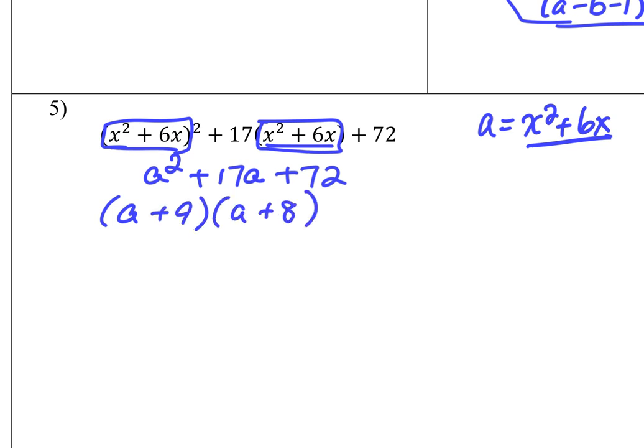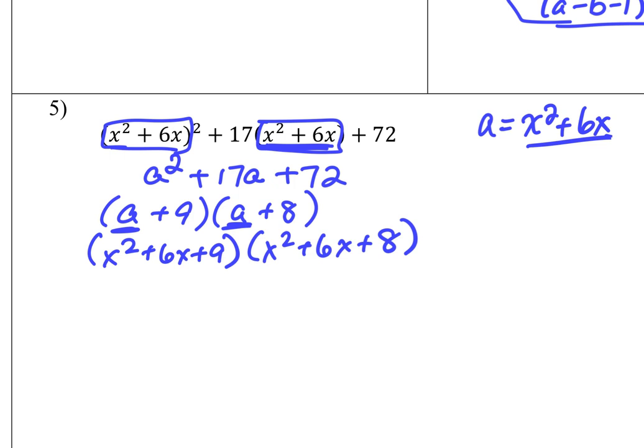But again, we're not done. Our question has x's in it and we have an a. So we have to replace it: x squared plus 6x plus 9 and x squared plus 6x plus 8. This a is getting replaced with x squared plus 6x.